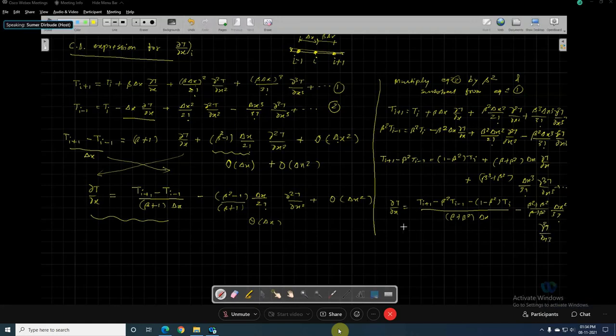So this expression has an order of accuracy delta x square.